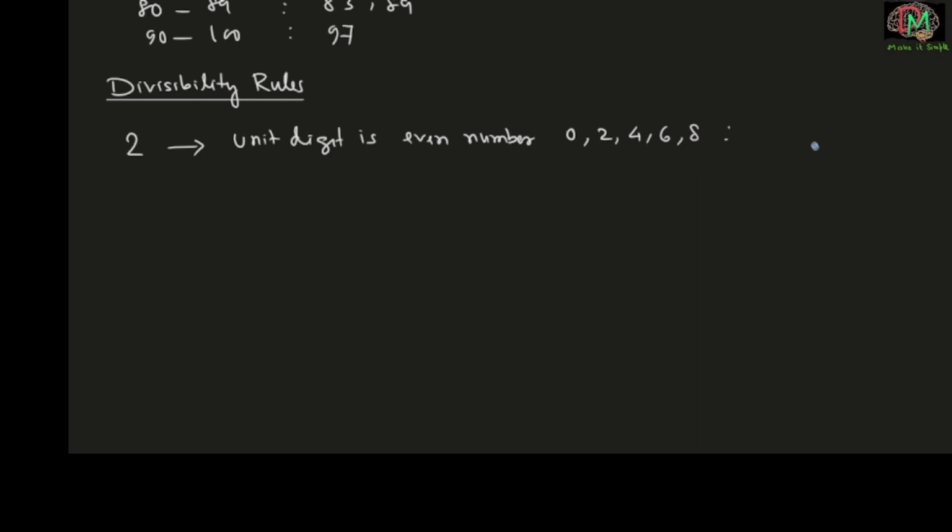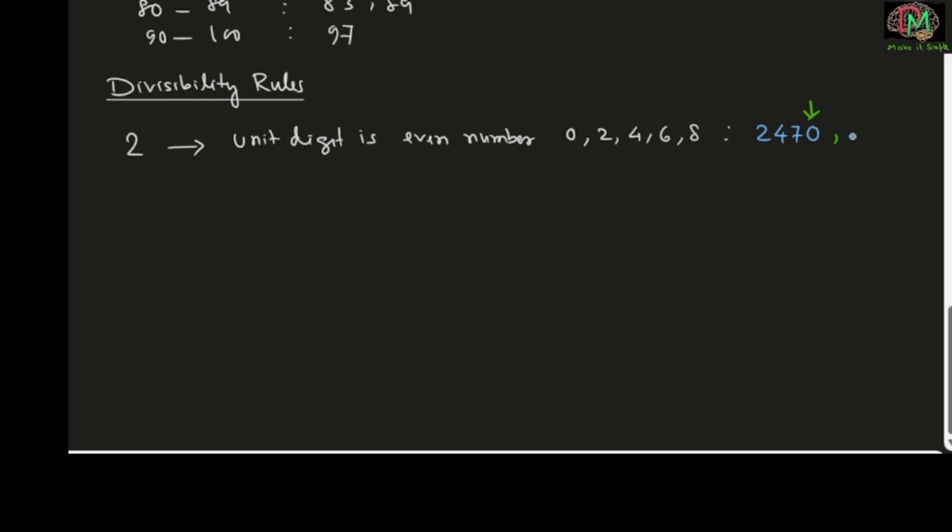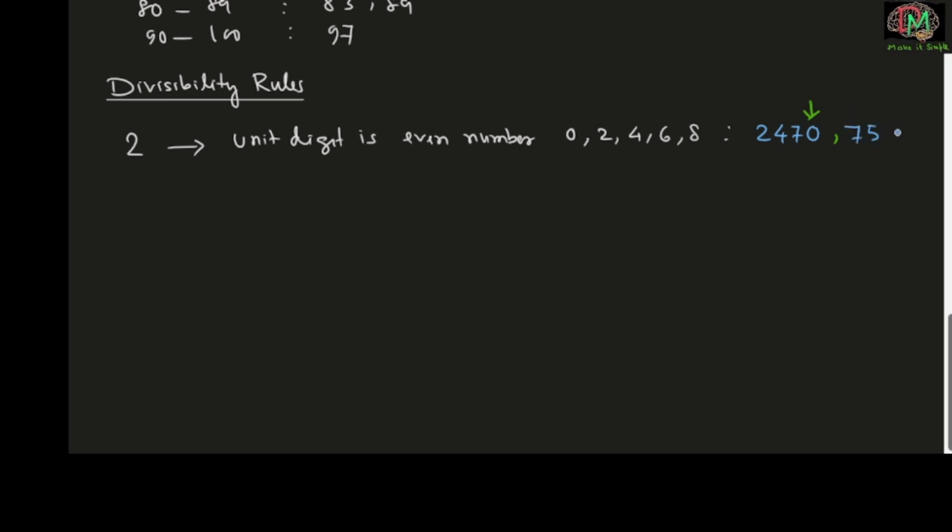Let's take one example, 2470. Without dividing this entire number by 2, by looking at this unit digit, you can say that this is divisible by 2 because 0 is an even number. Another example, 758. Why is this divisible by 2? Because the unit digit is 8, which is an even number.